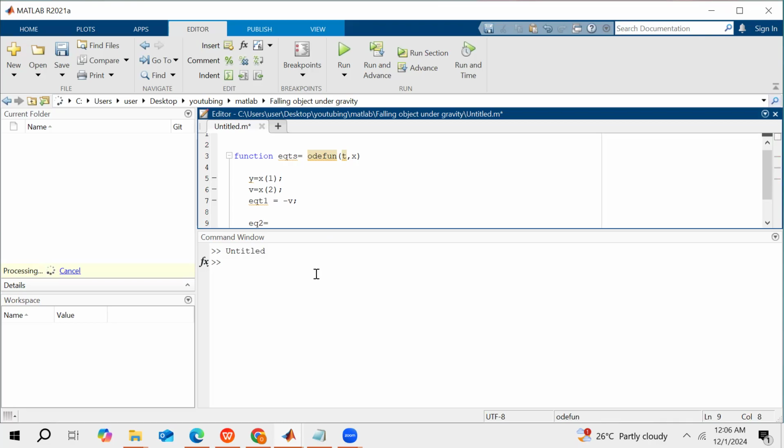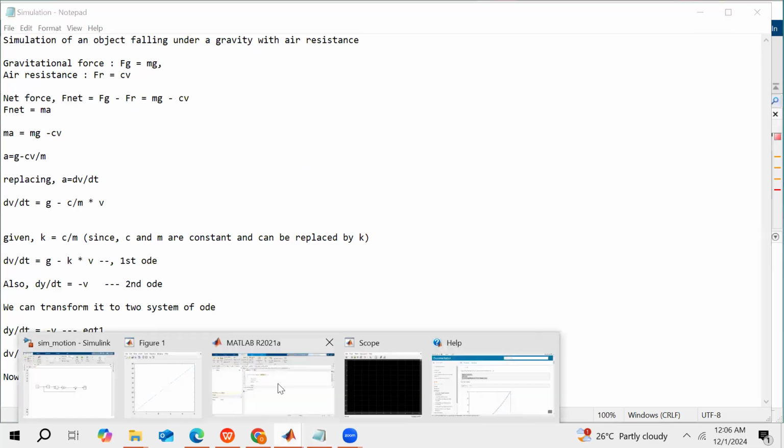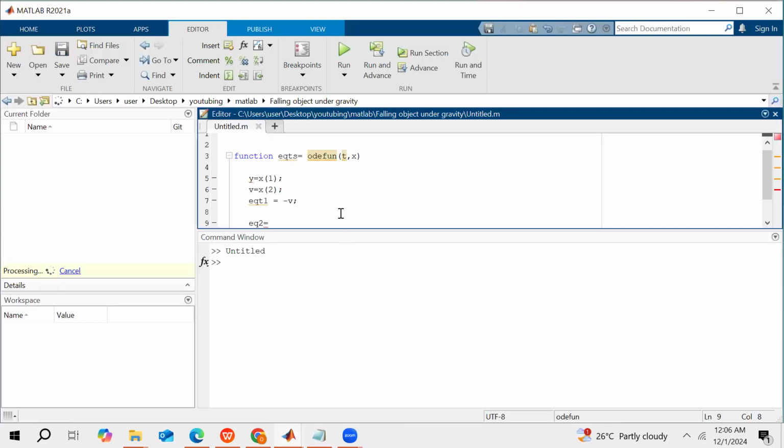Let's look at equation 2 again. G minus k times v. So we know that our G is 9.81, acceleration due to gravity.